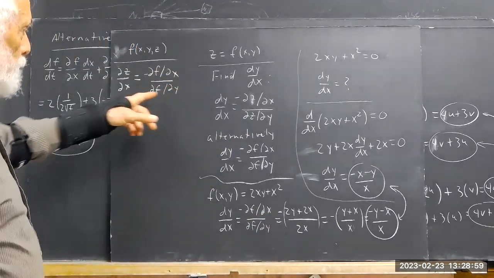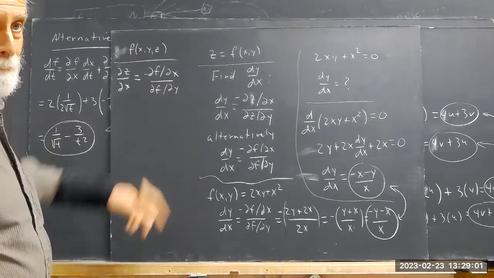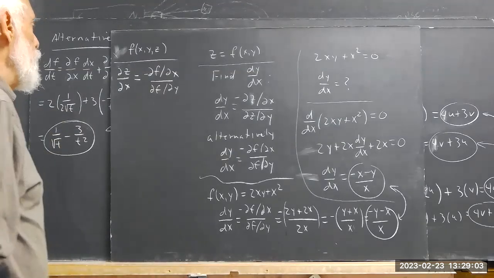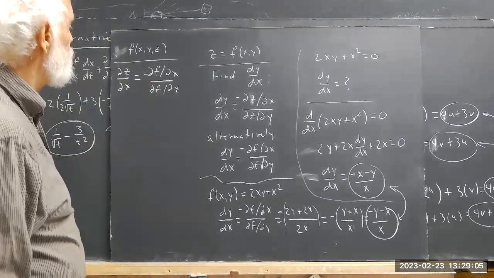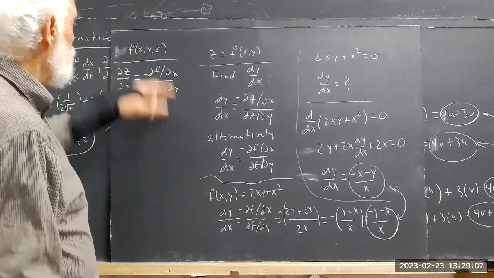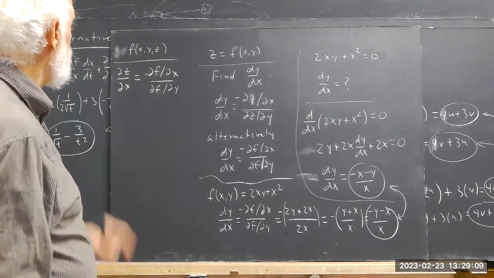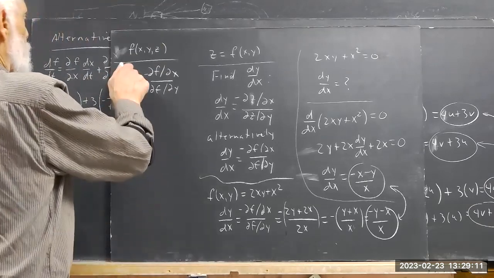Partial f is back to x, partial x is back to y. Okay. Again, if you invert and multiply, you get a partial f.